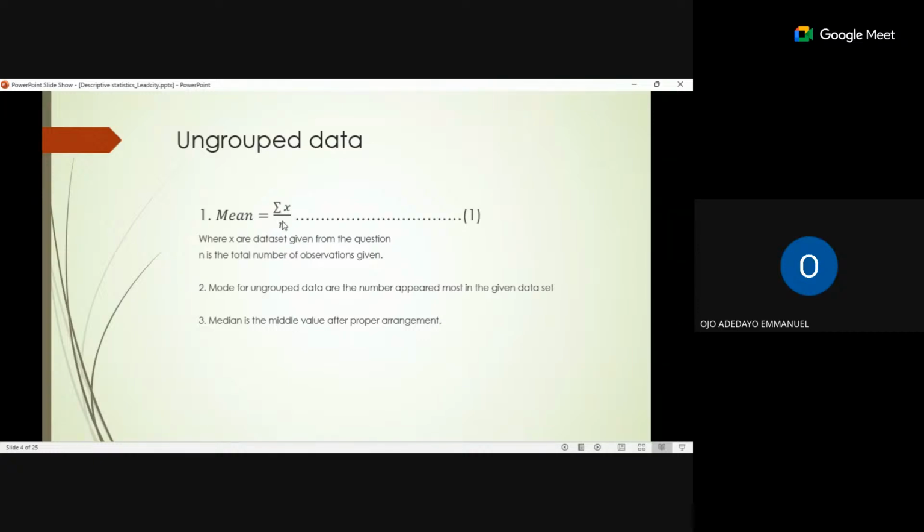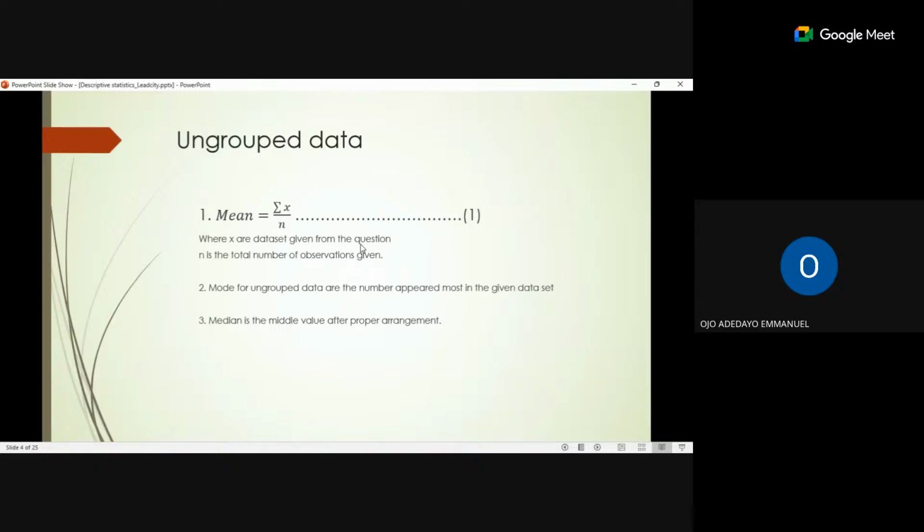By the time you divide it by the number of observations, you get what we call the mean. In that case, it is the mean of ungrouped data. Here, the x's are the data sets given in the question.